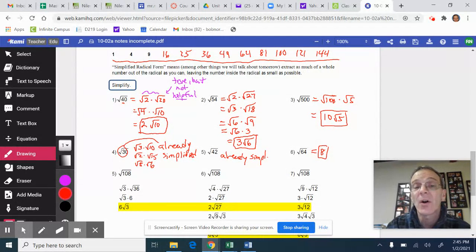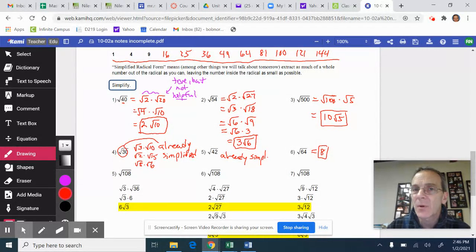Square root of 108 can also be factored into 4 times 27, and then the square root of 4 becomes a 2. So we get 2 times square root of 27, or square root of 108 is also square root of 9 times square root of 12, and the square root of 9 becomes a 3. And so we get 3 times the square root of 12. So on that yellow highlighted line, I have 3 different answers. They are all simplified versions of the square root of 108.